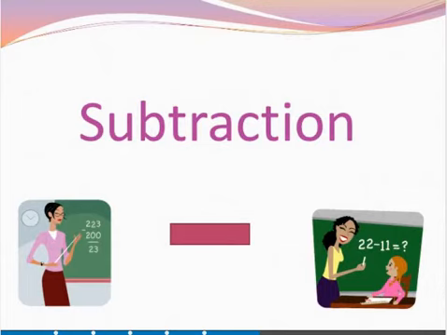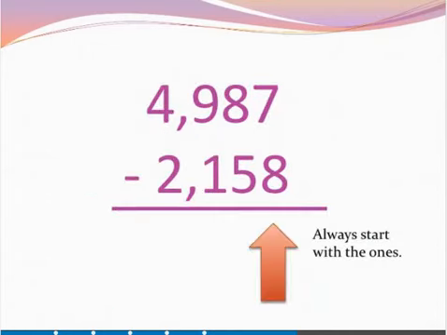In grade 4, putting the greater number at the top of the smaller number is very important. And of course, lining up ones with ones, tens with tens, and hundreds with hundreds is very, very important. And as we said in addition, we always start with the ones.